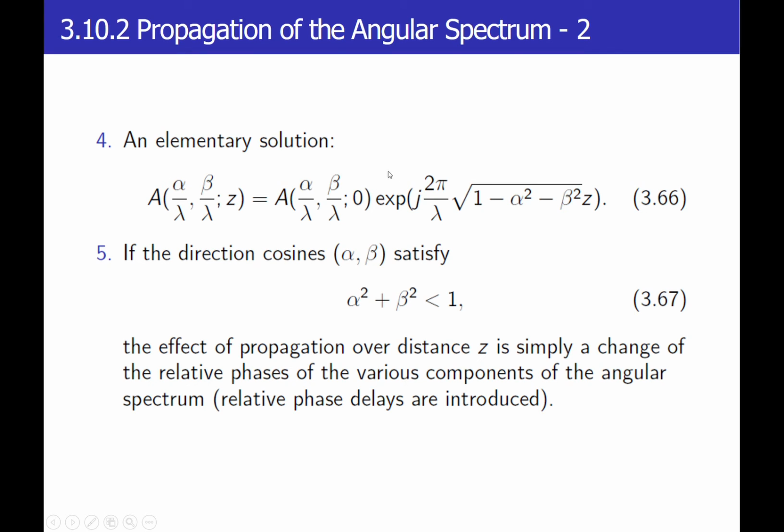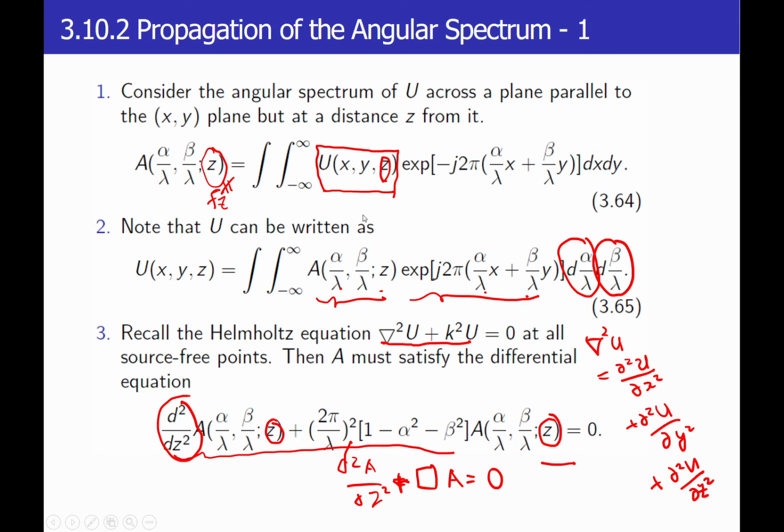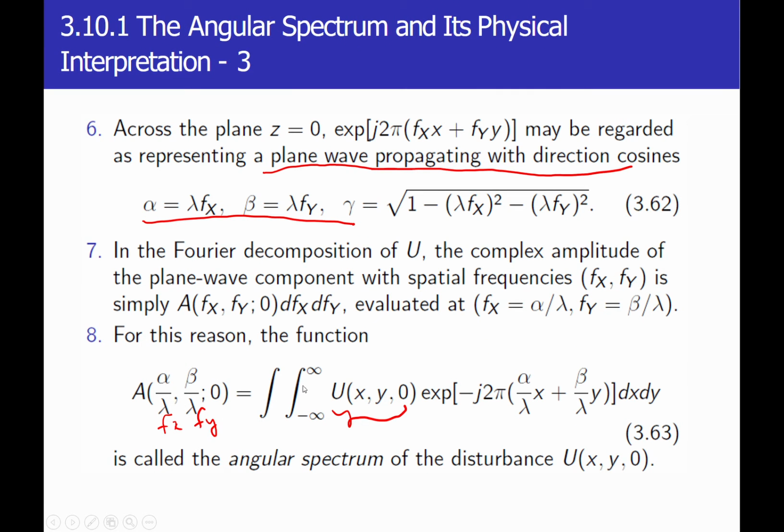So an elementary solution would be this if this is a positive number. As long as alpha squared plus beta squared is less than 1, this will be our solution. Remember that we know what it is because this is given. When you do the Fourier transformation we have this one, and of course we can change the variable like this, and then we get the angular spectrum at z equal to 0.